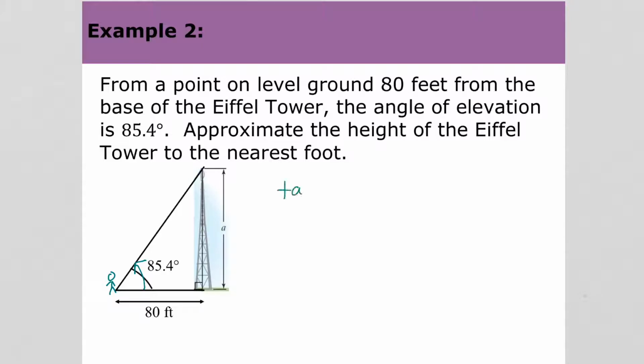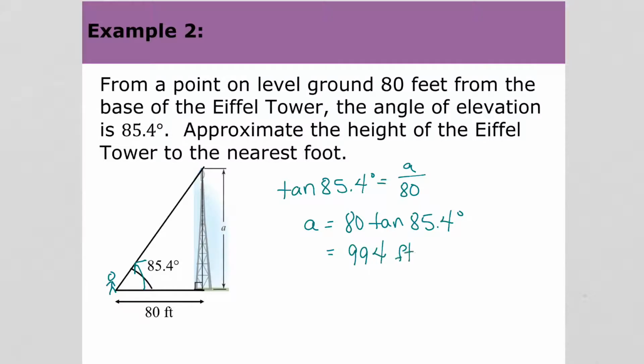That means we're going to use tangent, opposite over adjacent. So a will be 80 times the tangent of 85.4 degrees. Just put it in your calculator, making sure your mode is in degrees, and we can say to the nearest foot that the Eiffel Tower must be 994 feet tall.